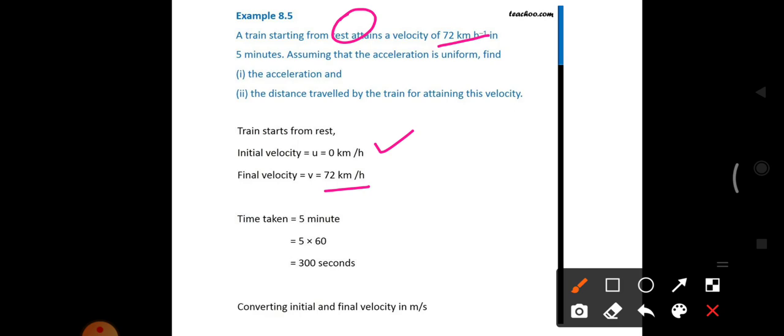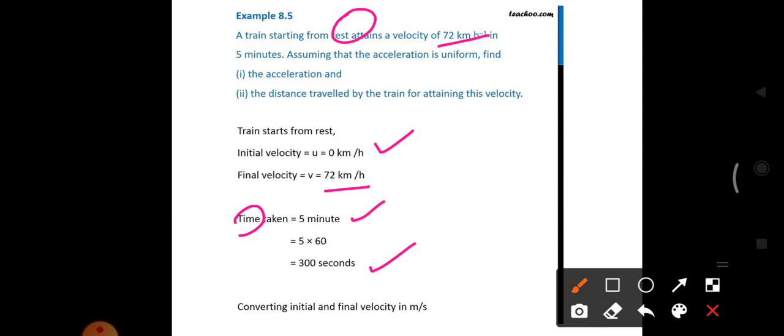How many minutes does it take to attain this velocity? It takes 5 minutes. The SI unit of time is second, so you have to convert the 5 minutes into seconds. Five into 60, 300 seconds.